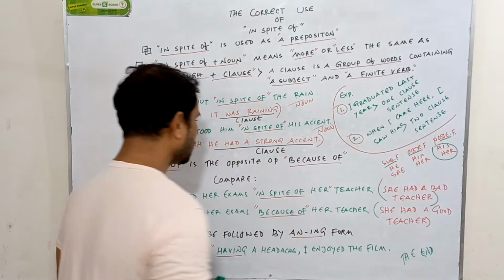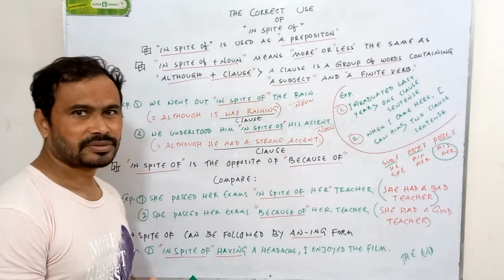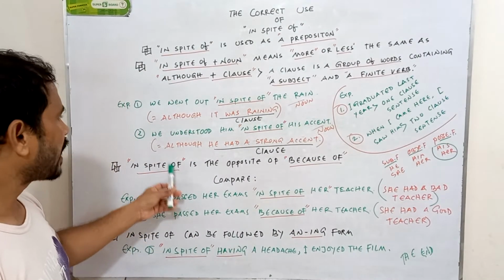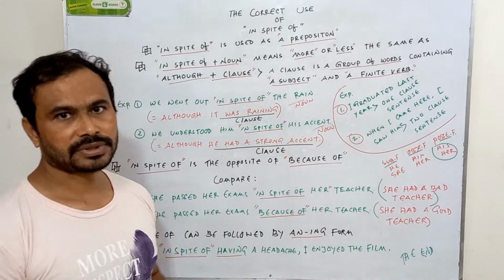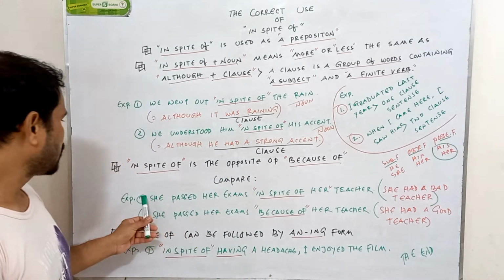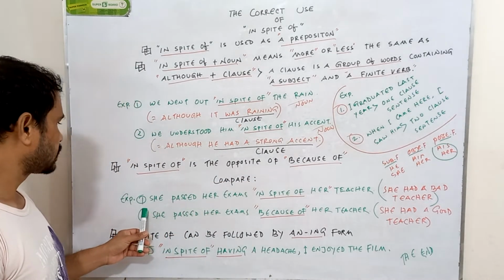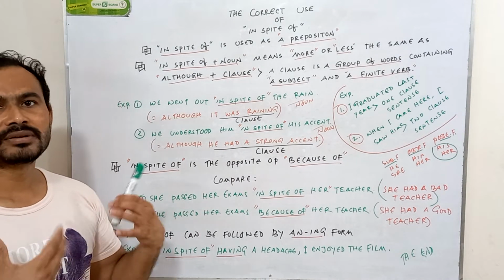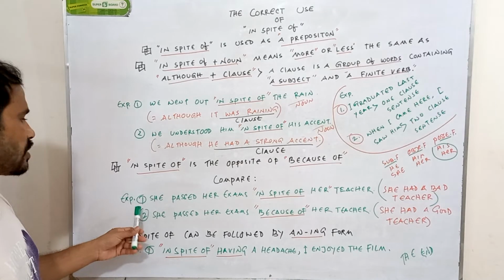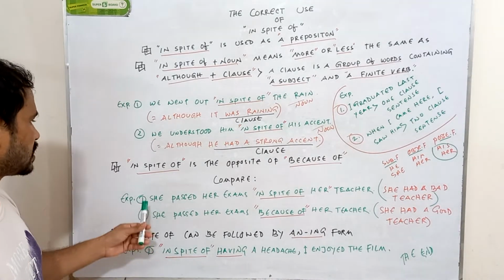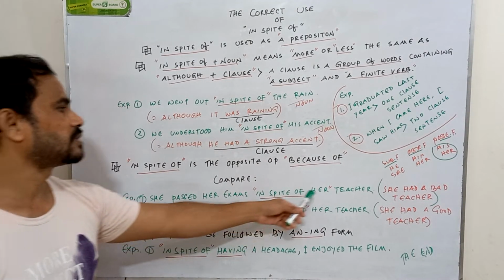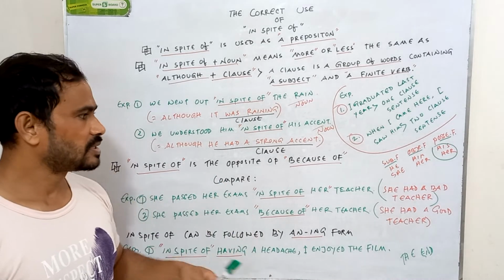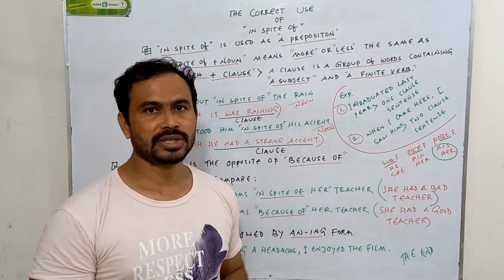Friends, my next concept is that in spite of is the opposite of because of. Let's compare in spite of and because of. Here you see two examples I have written for you so that you can understand clearly. My first example sentence is: She passed her exams in spite of her teacher. It means she had a bad teacher.